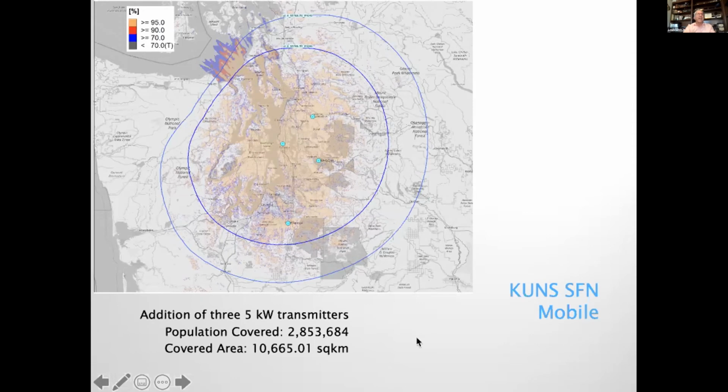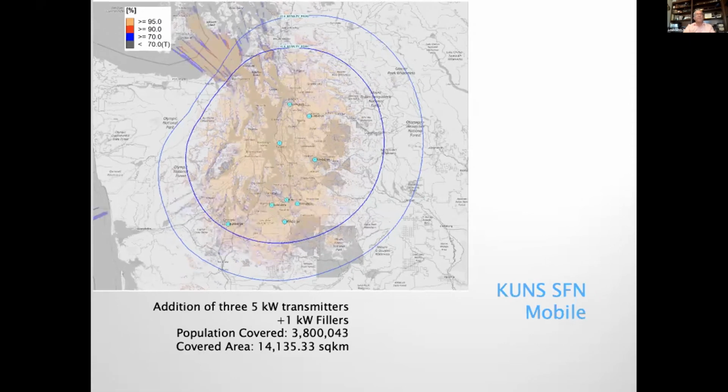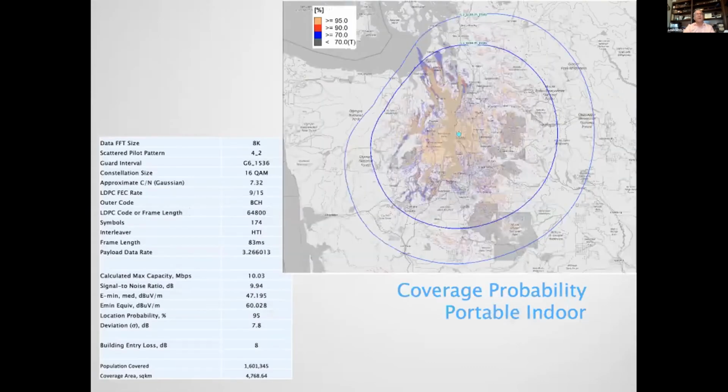So this added some, and now we have the 3 5 kilowatts plus, I think it's 4 1 kilowatts in what we consider the strategic locations. And now we have 3.8 million people. So there's really a big difference here. And if you could, in your own mind, interpolate into the lower power for LPTV, you get exactly the same benefits. So now we move on to what about the coverage probability for portable indoor for ATSC 3?